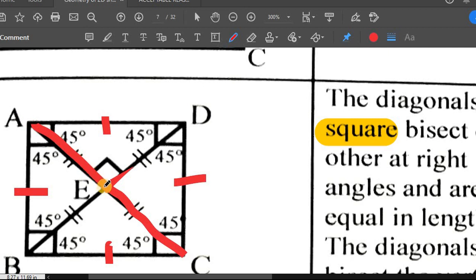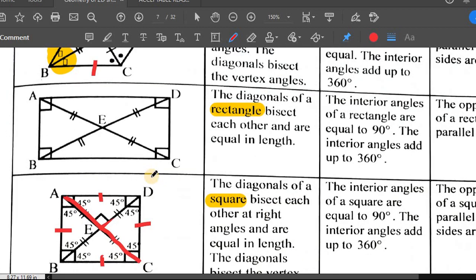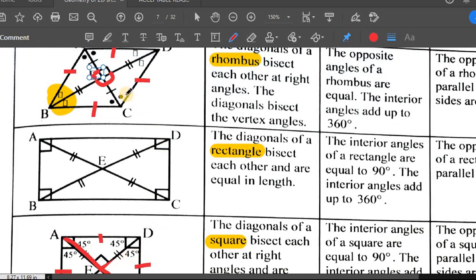But the length from A to the center and from C to the center is the same. Also from B to the center, sorry, it's labeled E, BE and DE are all the same. So from here to here is 5, this is 5, this is 5, this here is 5 as well, right? So I hope you see some similar things here with the square.